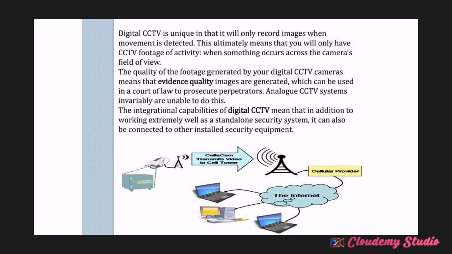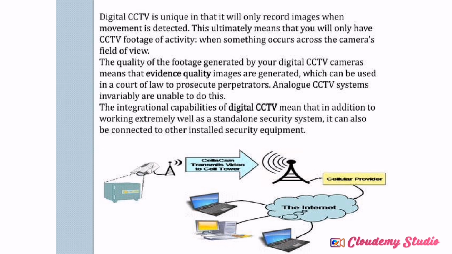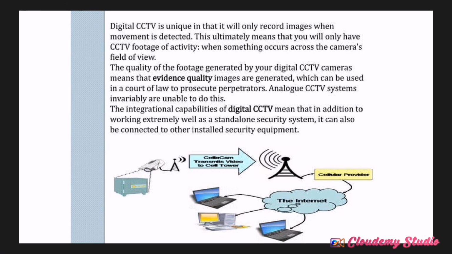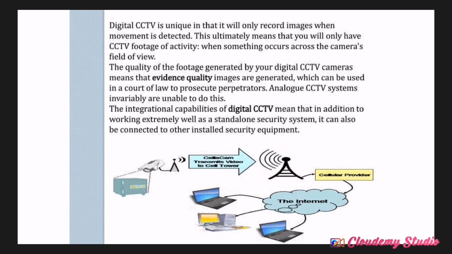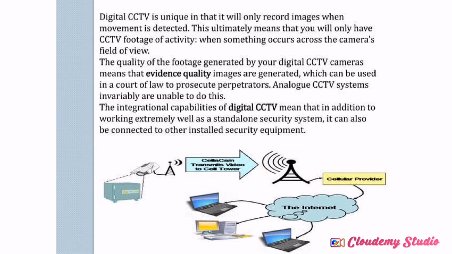When something occurs across the camera's field of view, meaning these digital cameras are very unique. In order for you to have the footage or the video, it must capture something that is in motion or making a movement. If it is constant, something that is not moving, not shaking, not vibrating, not doing anything, then the camera won't capture anything.